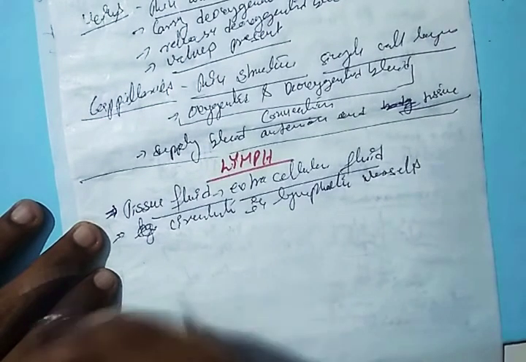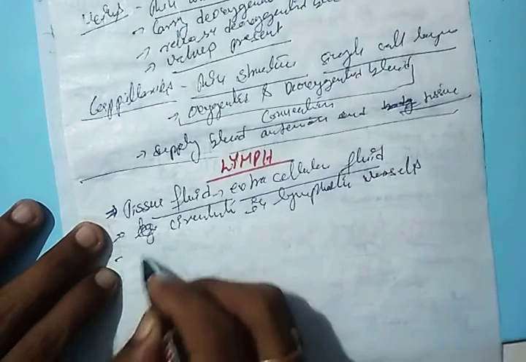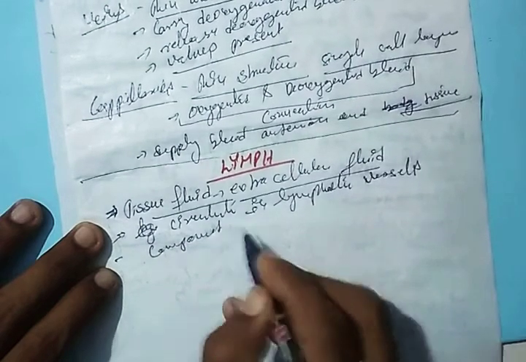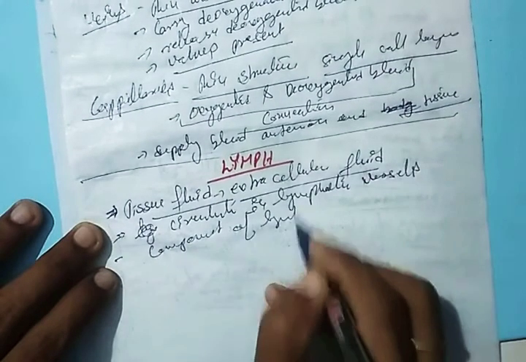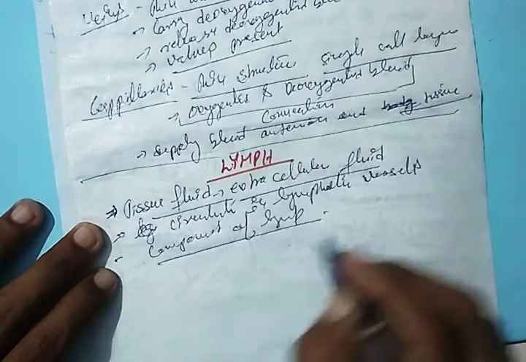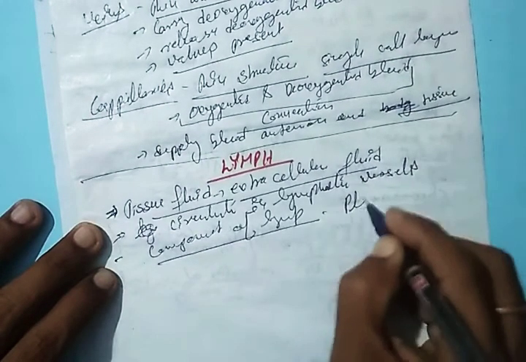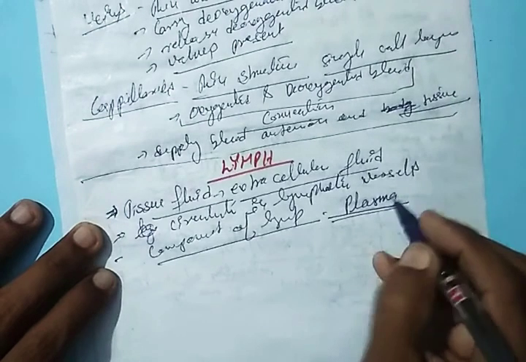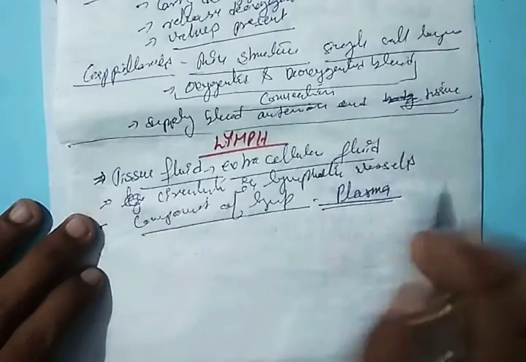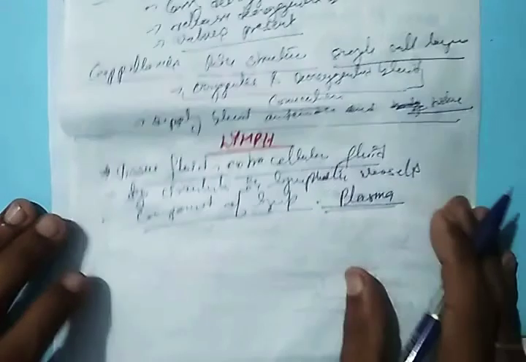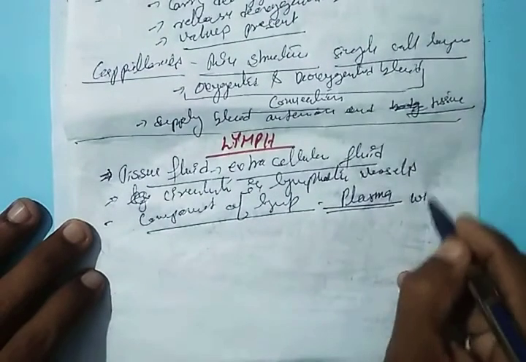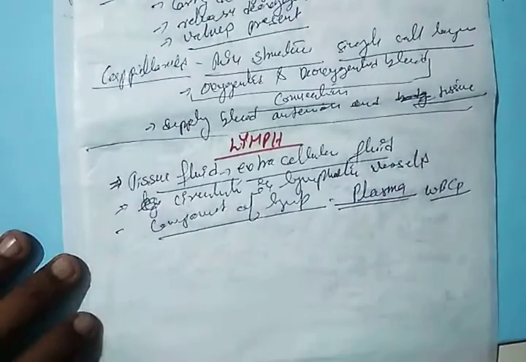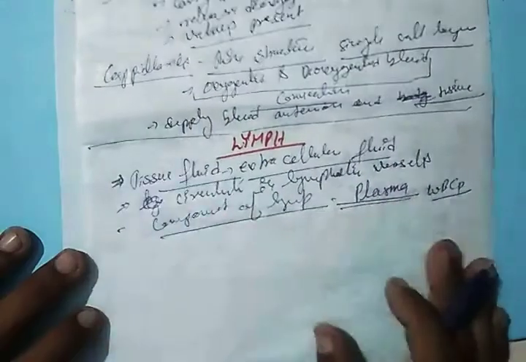Okay, the main component of lymph is plasma, and this plasma is light yellow in color, and it carries the WBCs and other proteins which are found in the blood plasma.